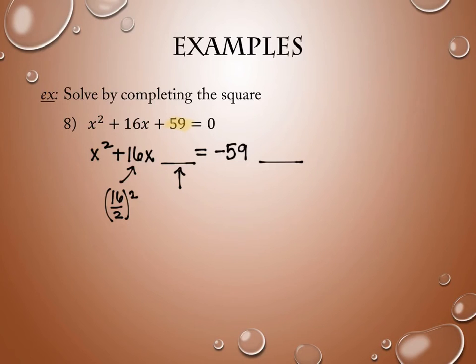It's 64, right? 16 divided by 2 is 8. 8 squared is 64. But I'm working with equations, and you can't just add 64 to a side of the equation. If you add it on one side, you've got to add it on the other side as well. Okay, does that make sense to everyone? Add it on one side, you'd be adding it on the other side as well.